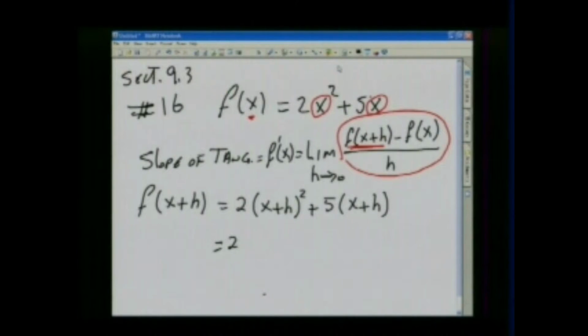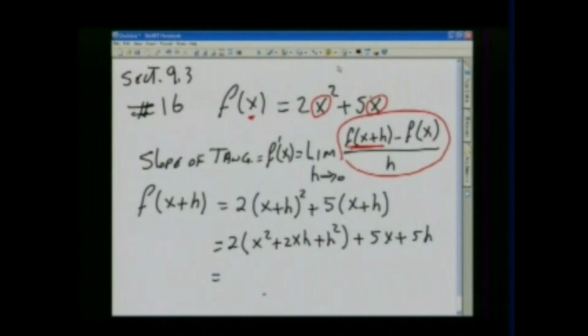Therefore, this is equal to 2 times, simplify or expand the first parenthesis, it would be x squared plus 2xh plus h squared. This is a special product rule. Plus 5x plus 5h.